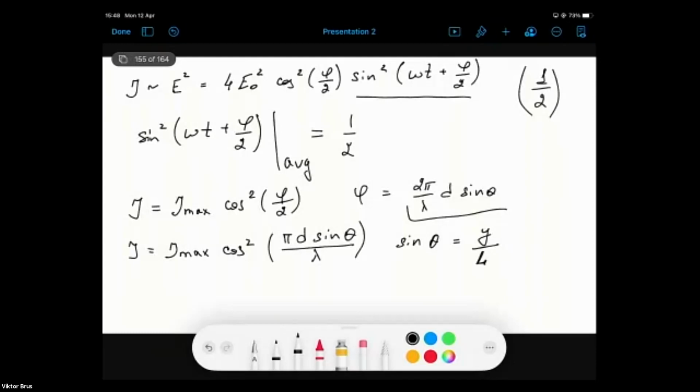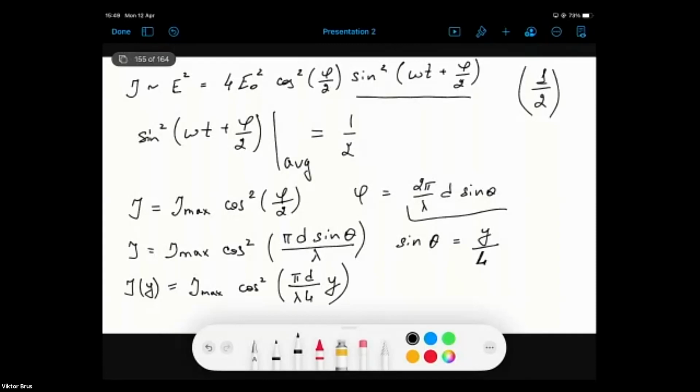Then, taking this into account, we can write the intensity distribution as a function of linear coordinate y, and that will be I maximum times cosine squared of pi times d divided by lambda times L, all times y.